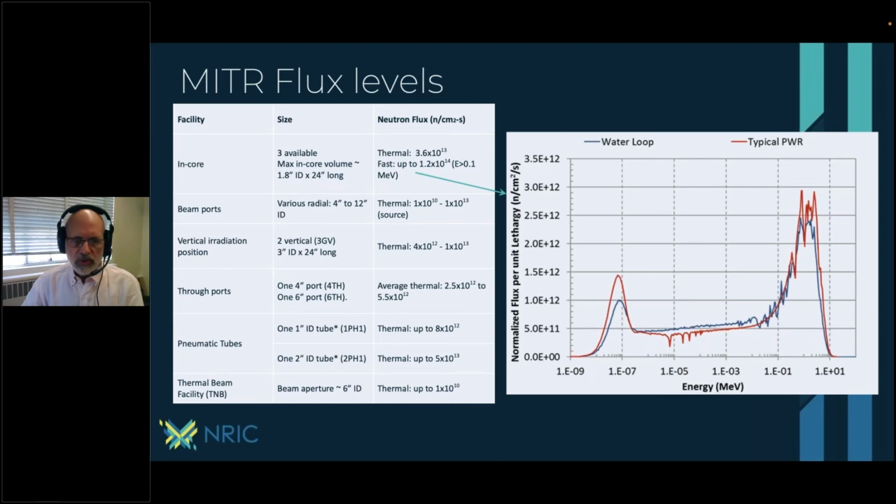And especially for fuel applications where lifetimes are not all that long, we still are a very good place to do a lot of that research. And I'll talk about some of the other advantages of the MITR in a minute. All right, next slide, please.